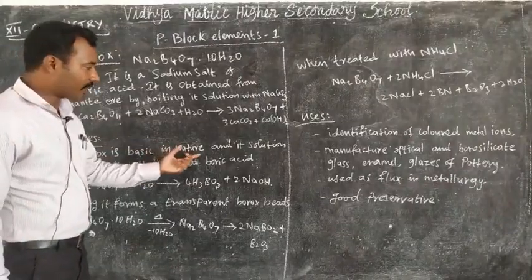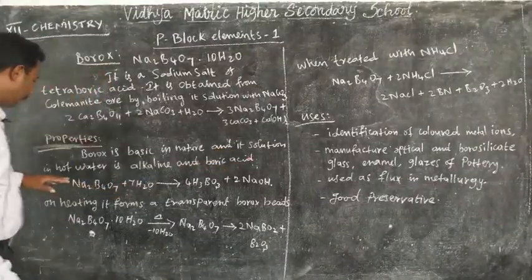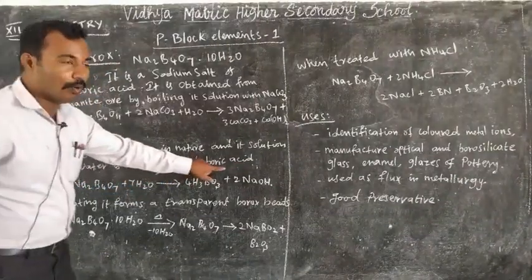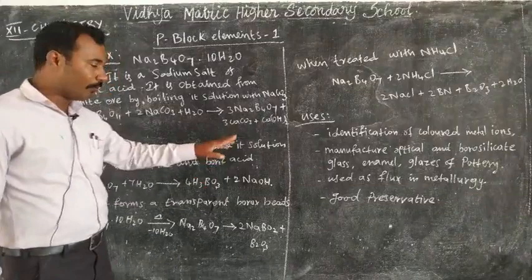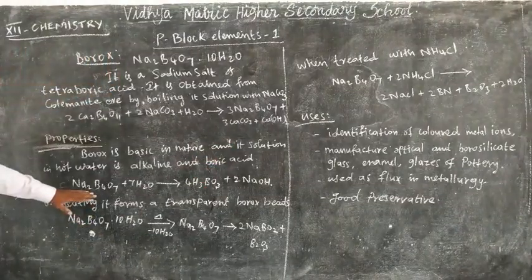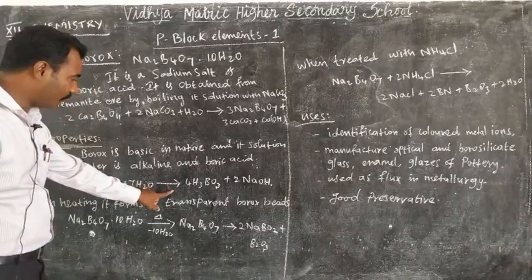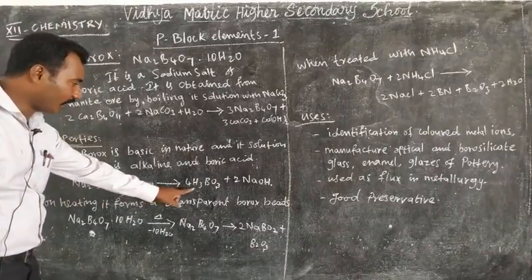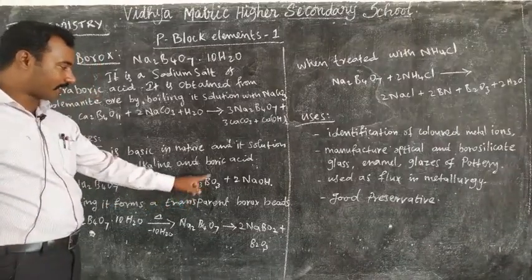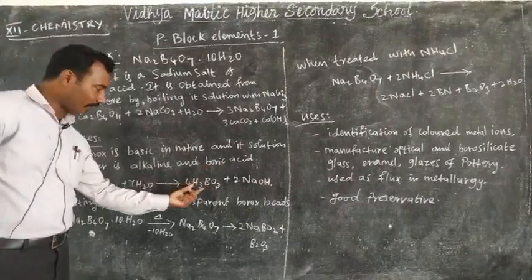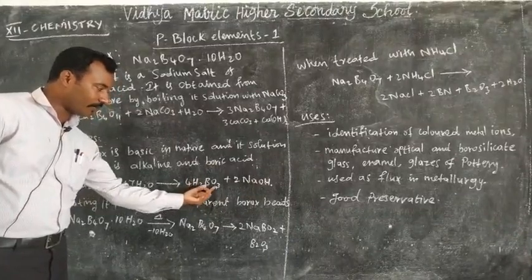Borax is basic in nature, and its solution in hot water is alkaline and gives boric acid. Listen here. Borax, Na2B4O7, and water molecule give H3BO3, that is boric acid. Whenever you write the reaction, you have to write the formula H3BO3, boric acid.